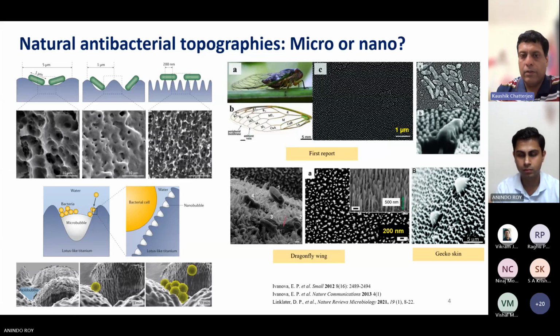The one on gecko has a more tent-like arrangement. The one in the dragonfly would have a more disordered structure versus the one in the cicada has a more ordered structure, and also the heights would differ, but they more or less work in a similar fashion in terms of killing bacteria through mechanical contact.